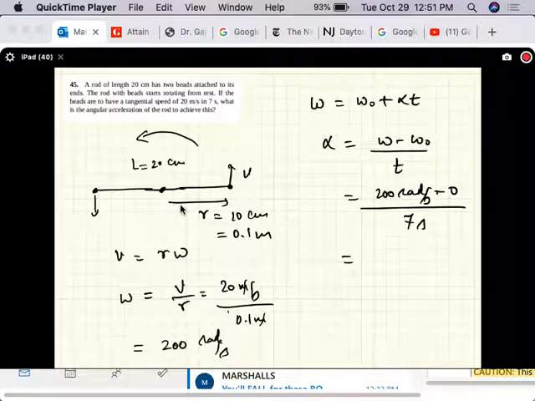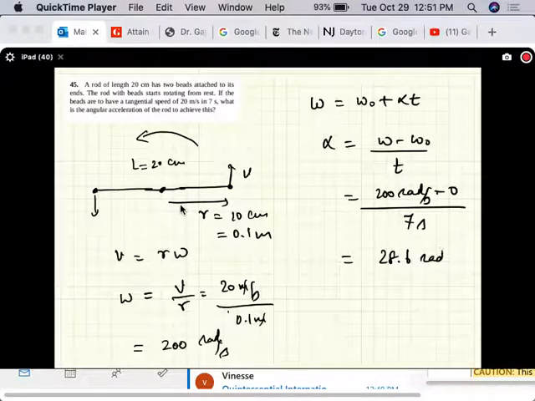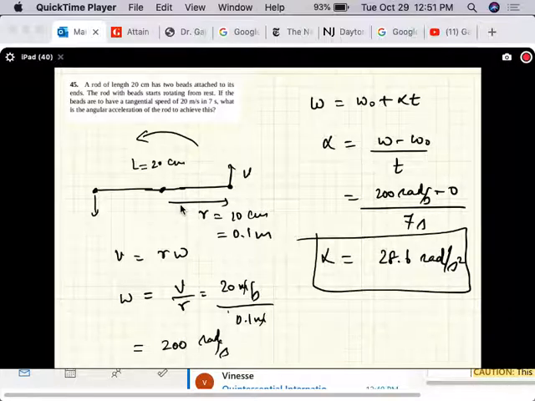So this is the acceleration you need. All right, any questions? That completes that problem.